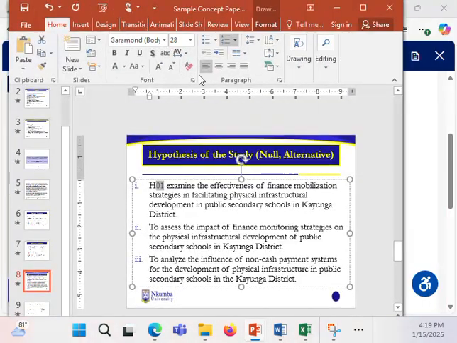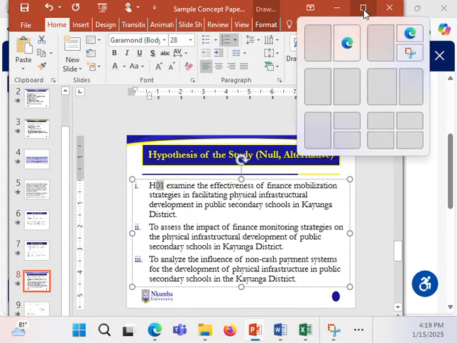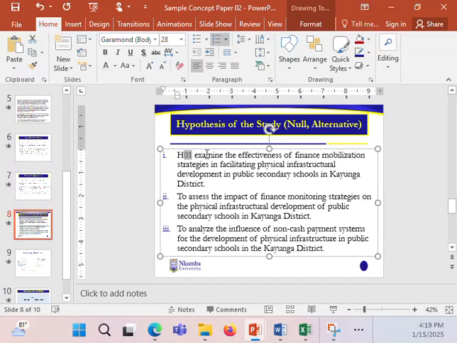So H naught means null, 0, but 1 means the first hypothesis, the first null hypothesis.